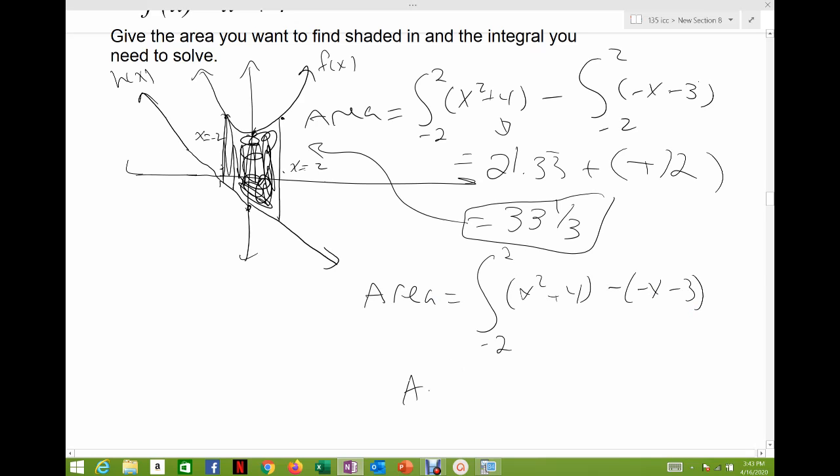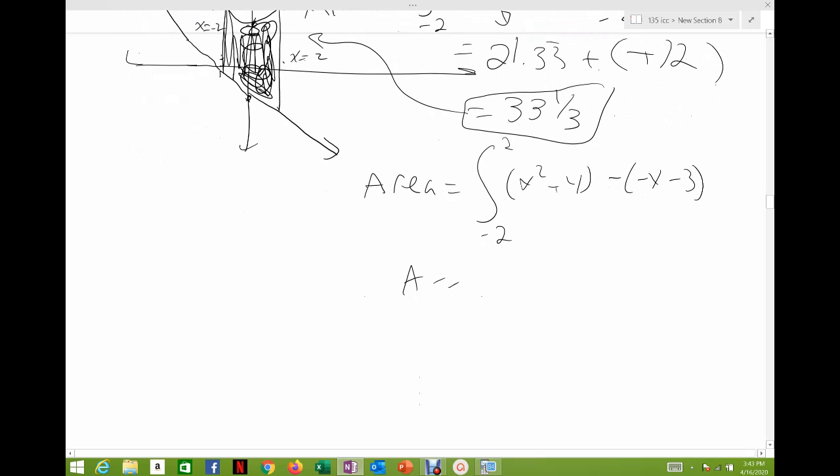I find that simplified, there's my new function. When I distribute here, those become positives, and so it's just x squared plus x plus 7.